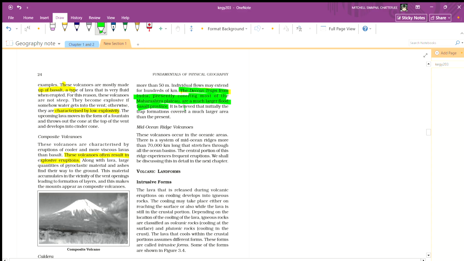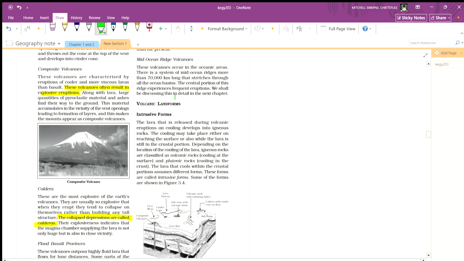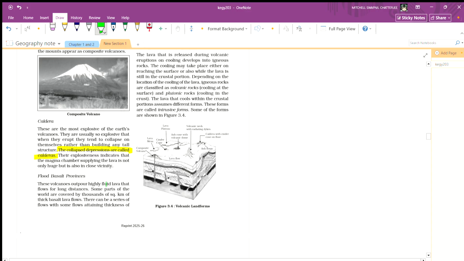It is believed that initially the trap formation covered a much larger area than the present.